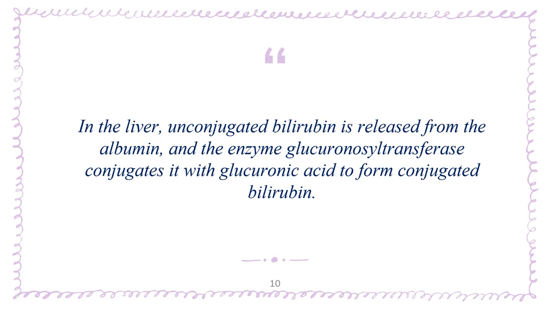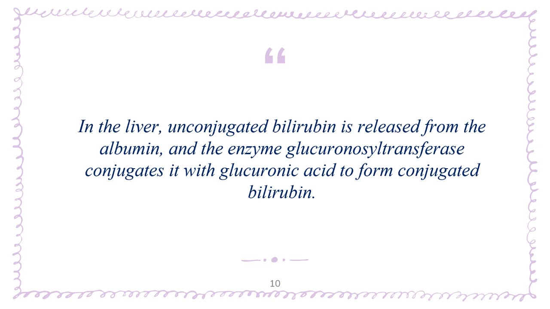Now in the liver, the unconjugated bilirubin will be released from the albumin, and the enzyme glucuronyl transferase will conjugate it with glucuronic acid to form conjugated bilirubin. Again, this is a very critical point, because a lot of the diseases will be arising from issues at different points of this step.